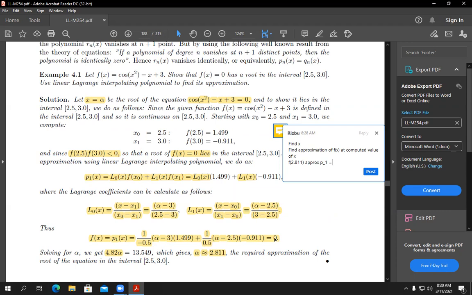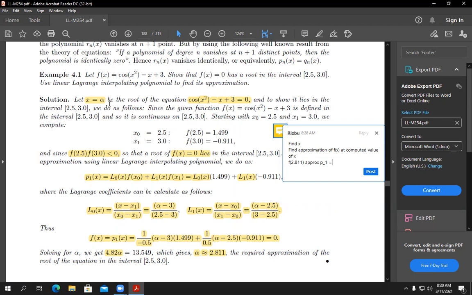Of course, it should not be 0 now. It gives you the answer, and that answer will be the approximation of the function at the given x point. Because here the question x is not given. Here he never said to find x.